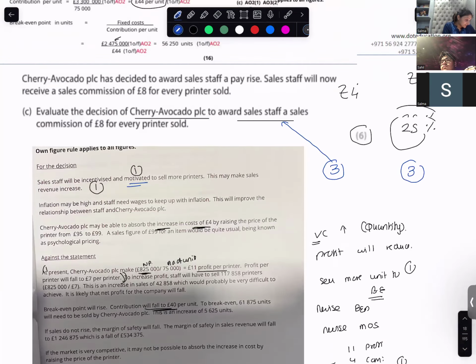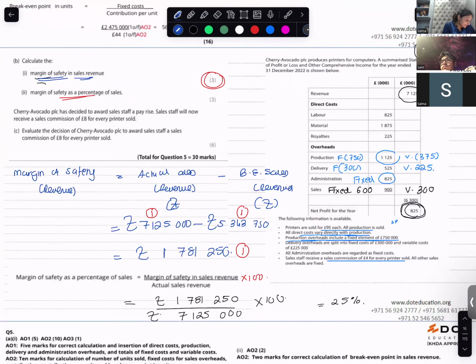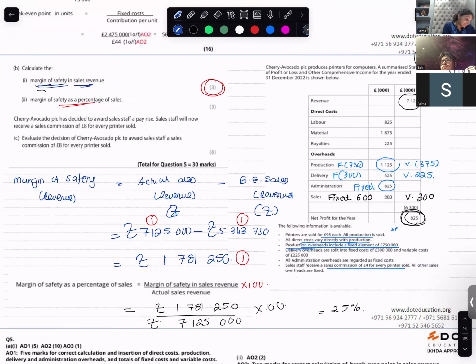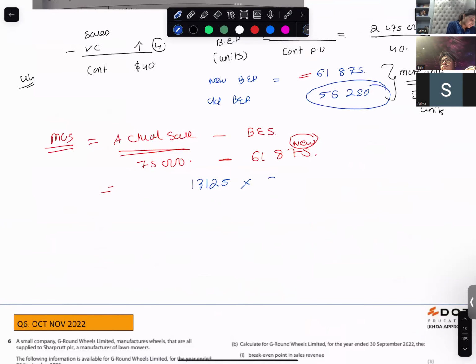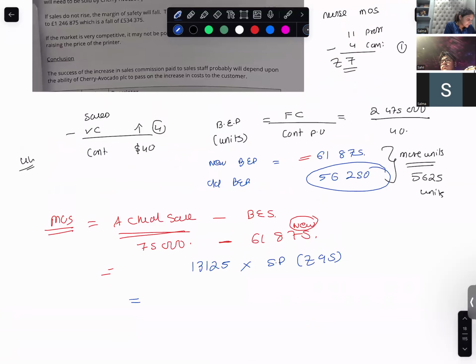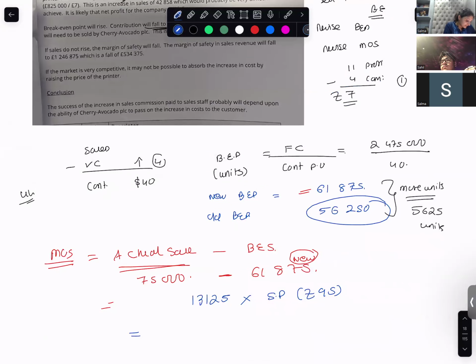What is the revenue per unit? 95. Times 95 will come up to 1,246,875. This is your new margin of safety.